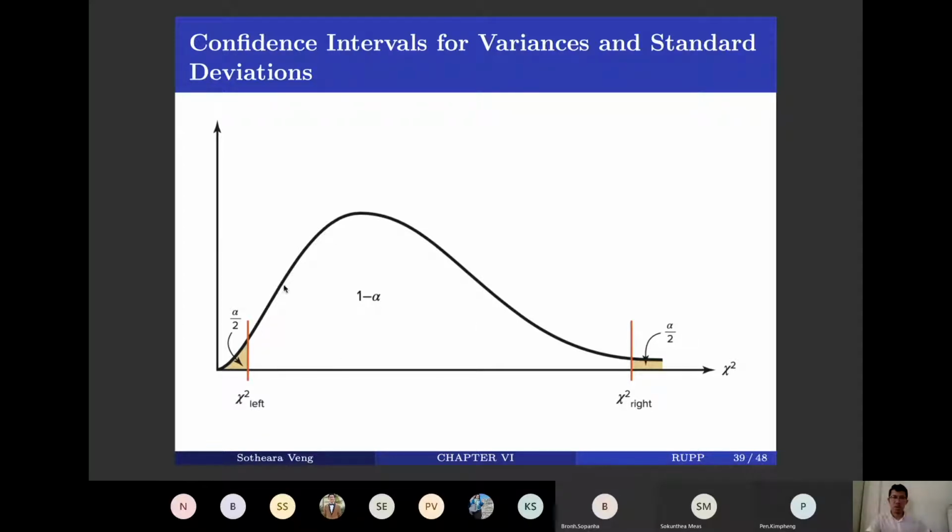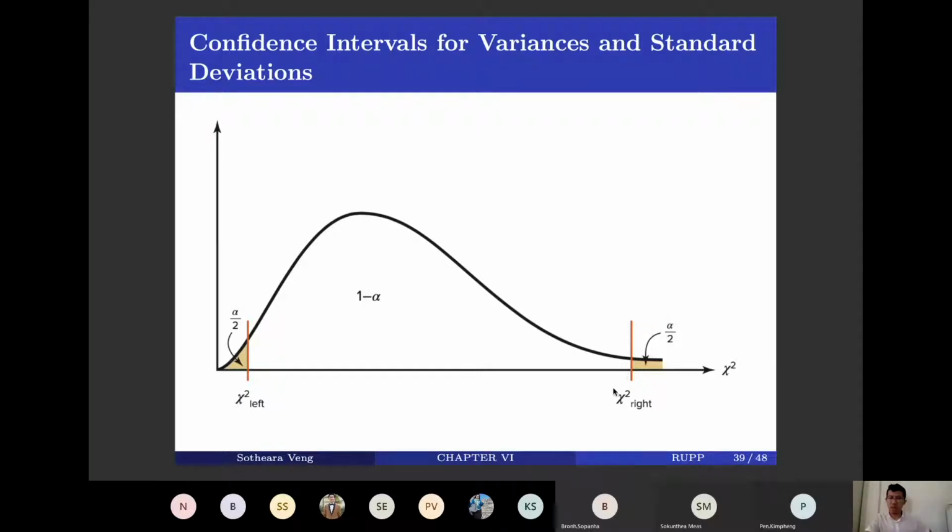This is one example of the chi-square curve, and then you have to also work with the critical value, right? You come up with a critical value. You may say chi-square right corresponds to this value, right?